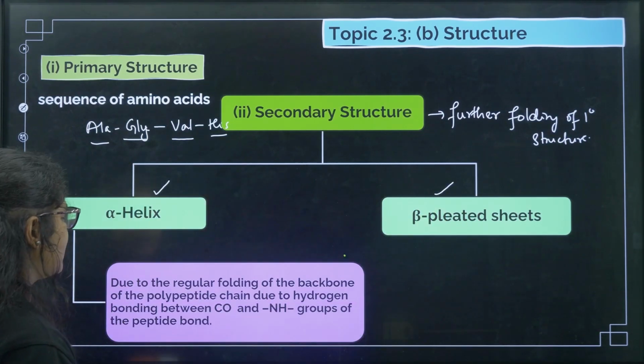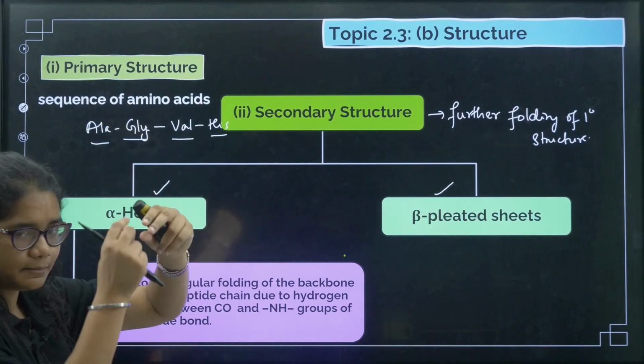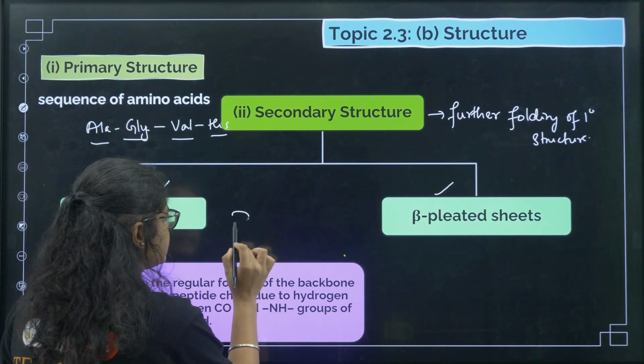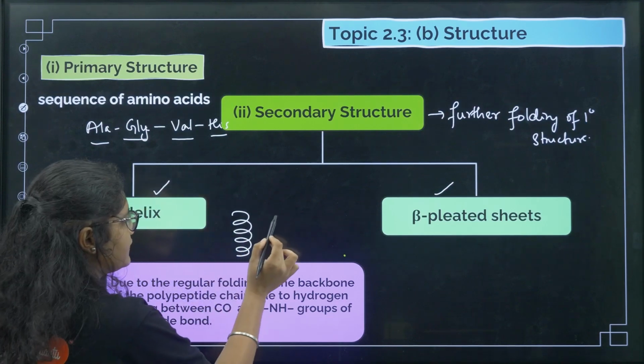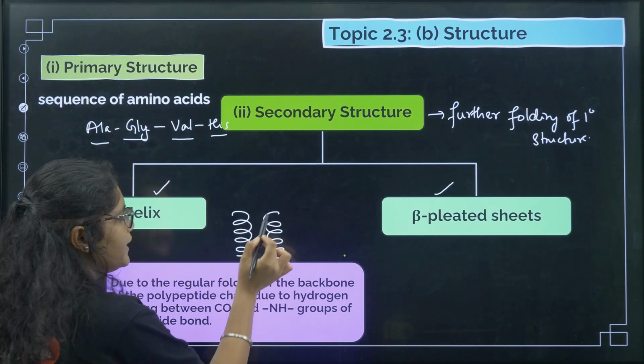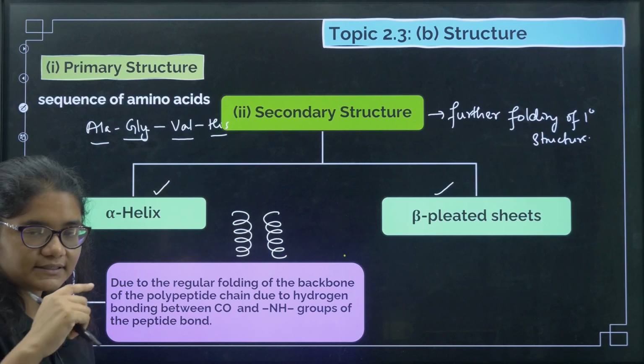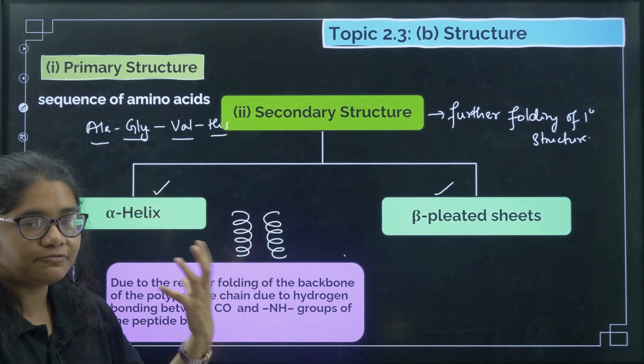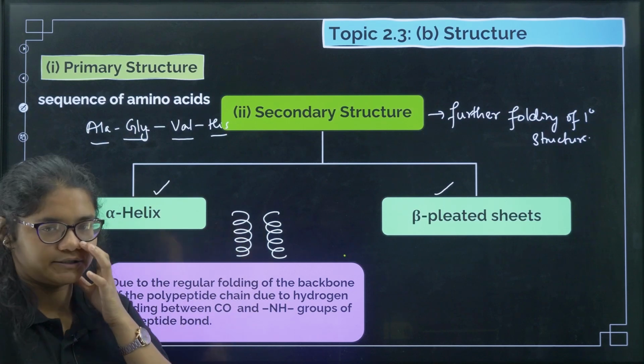You have seen the polypeptide chain. If this polypeptide chain coils around in a helical structure, that is called alpha helix, and that is the secondary structure.